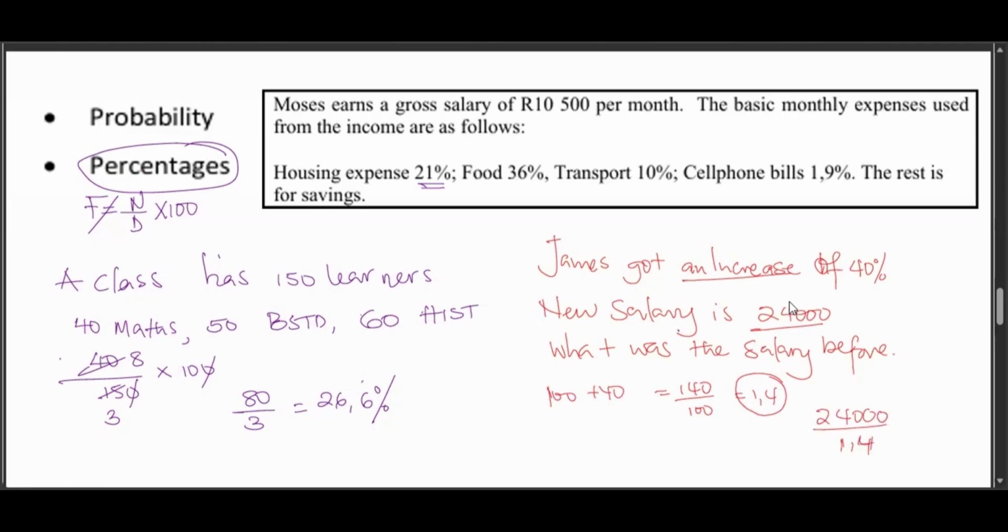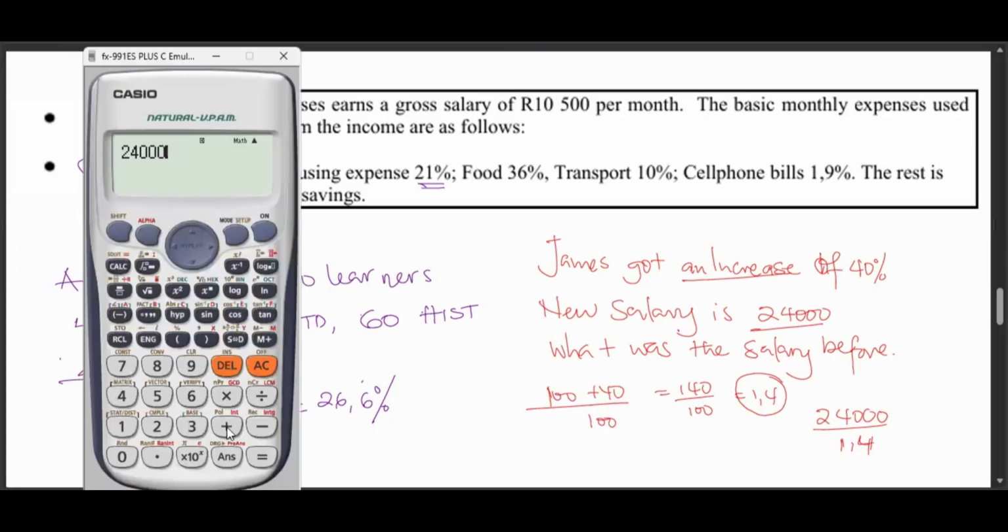You see where I got the 1,4? It's through this. So the old price was around 17,142 and 86 cents. So that was the old price.